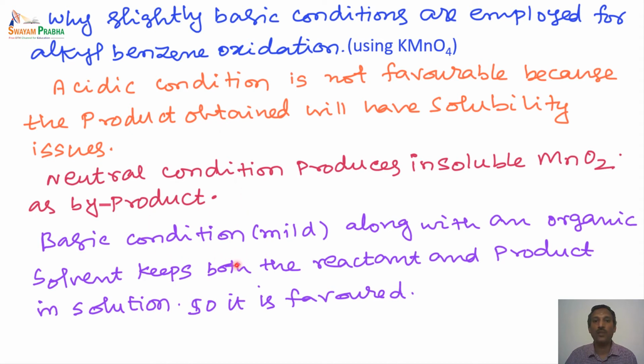Under the slightly basic conditions, the reaction medium is a clear solution because of the solubility of carboxylic acids in the reaction medium. But under acidic conditions, it will be like a suspension, due to which the reaction may not proceed to completion. So solubility is one of the reasons why the KMnO4 based oxidations of alkyl benzenes are generally carried out under slightly basic conditions.